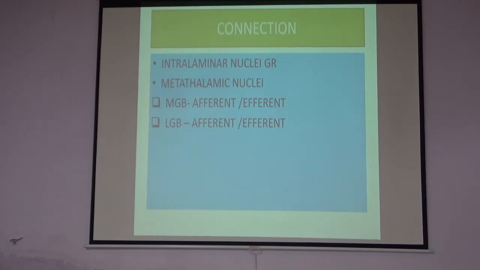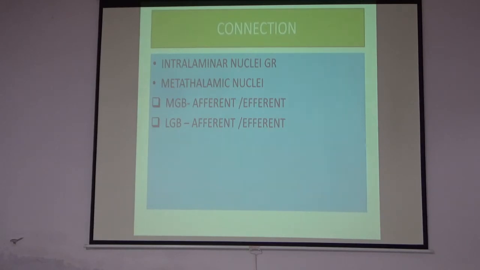And then we have the lateral geniculate body having the lateral geniculate nuclei. Afferent is from the end station of the optic tract. So the lateral geniculate body is involved in the visual pathway. Afferents are from the end station of the optic tract, and efferent is to the visual cortex, and it also sends fibers to the calcarine cortex, superior colliculi, as well as prefrontal and pretectal areas.